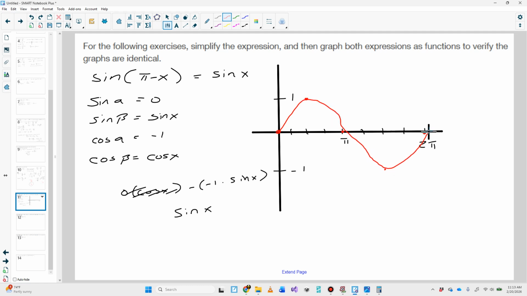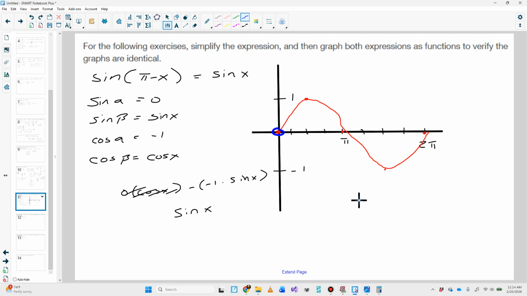Not very good. Okay, so then what is the sine of pi minus x? Well, let's plug in some values for x. Let's say that x is 0 right here. Well, that's going to be sine of pi. Well, what is sine of pi? Well, 0. Okay, so we're already here, so I'm going to plug this in with blue.